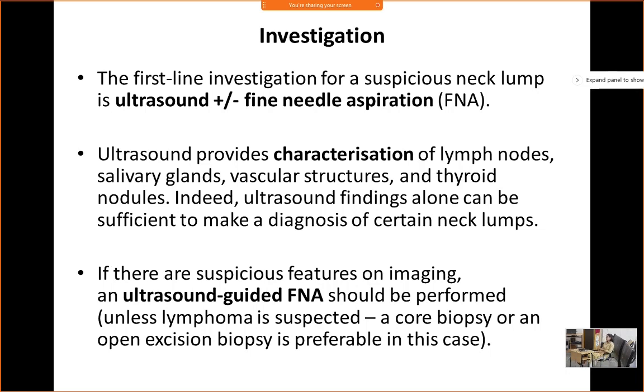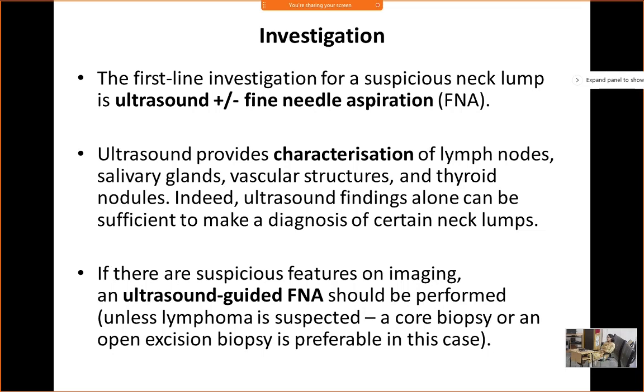At least it will first differentiate, because like what I mentioned in the previous slide, any pulsatile swelling, which indicates a vascular swelling, you should not put a needle in it. So ultrasonography is a must to identify whether it is a solid, a cystic, or a pulsatile swelling. If it is solid or cystic, you go ahead in the same sitting with a fine needle aspiration.